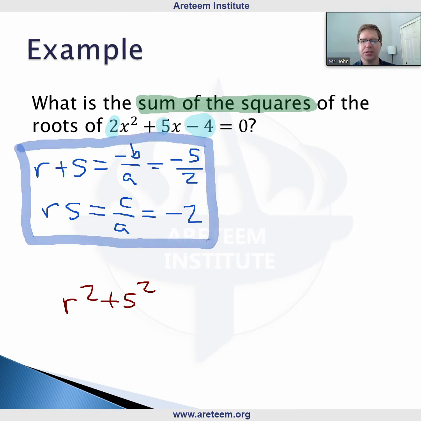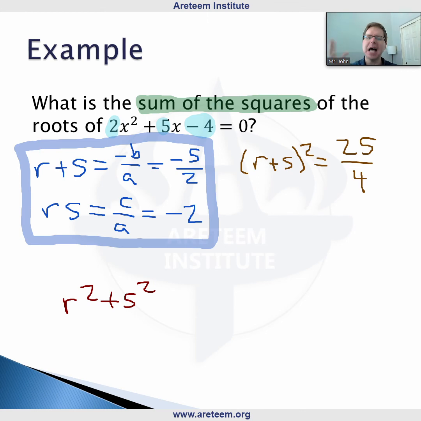This is the relationships we're going to use. So looking at that expression, r plus s quantity squared is negative 5 halves squared. So this is just going to be equal to 25 over 4. So 25 fourths is the square of the sum.